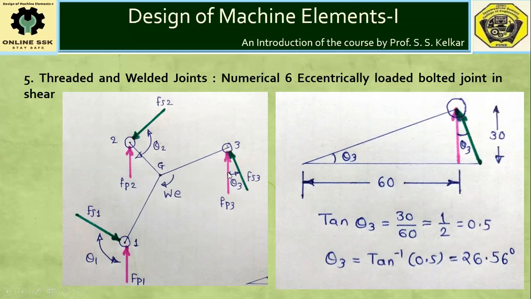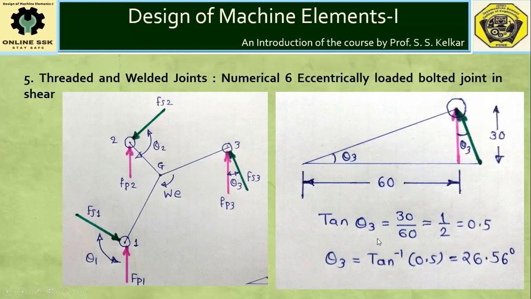While calculating FR3, we need theta 3. Theta 3 is the angle between primary and secondary forces, and that will be the same as theta 3 as shown in this right angle triangle. In this right angle triangle, the opposite side, the height, is 30, and the adjacent side, the base, is 60.